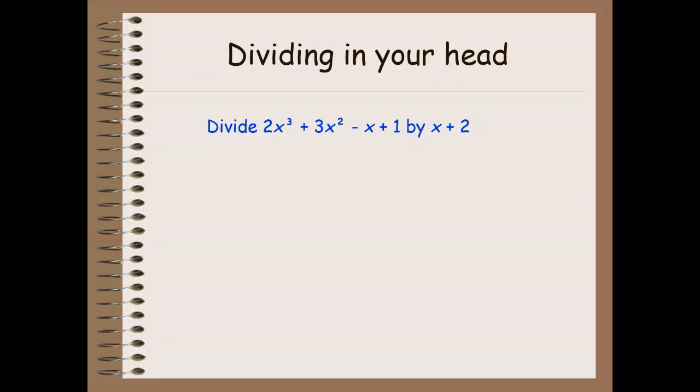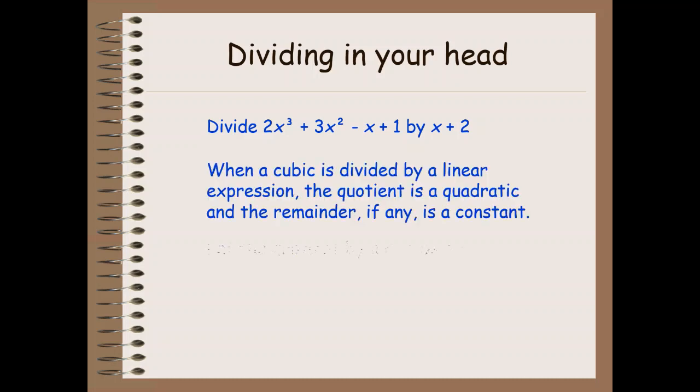So the same question again, 2x to the third plus 3x squared minus x plus 1 divided by x plus 2. When a cubic is divided by a linear first degree, obviously the answer is going to be quadratic, x squared. So ax squared plus bx plus c would be the standard form of any quadratic.